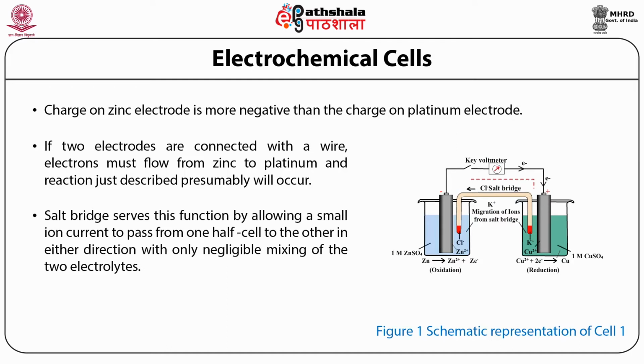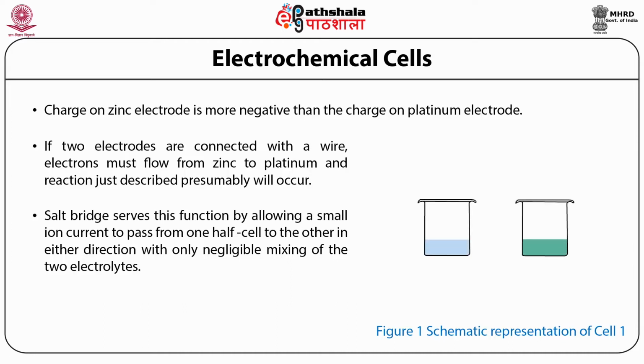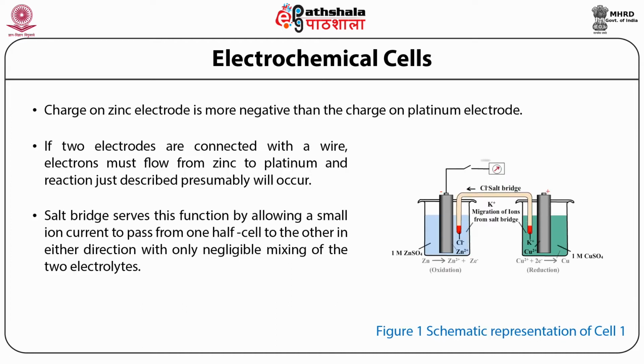The salt bridge serves this function by allowing a small ion current to pass from one half cell to the other in either direction with only negligible mixing of the two electrolytes. When this cell operates spontaneously, as you can see from figure 1, a number of phenomena occur.